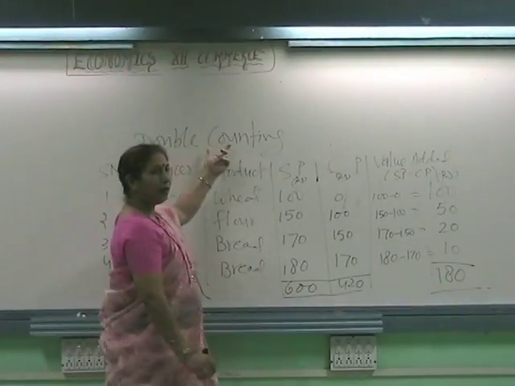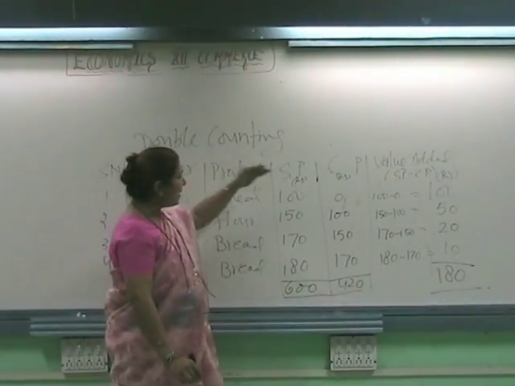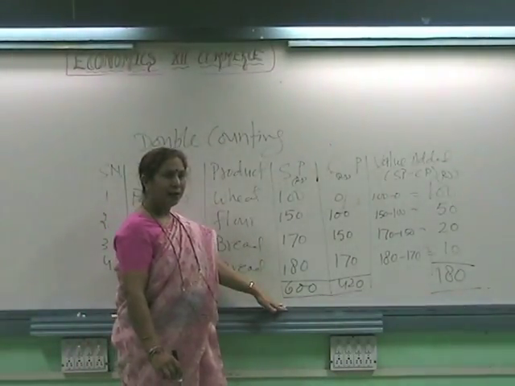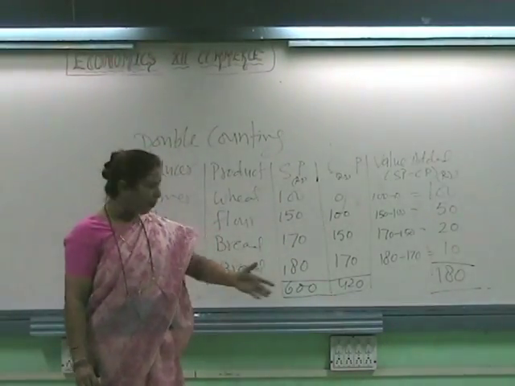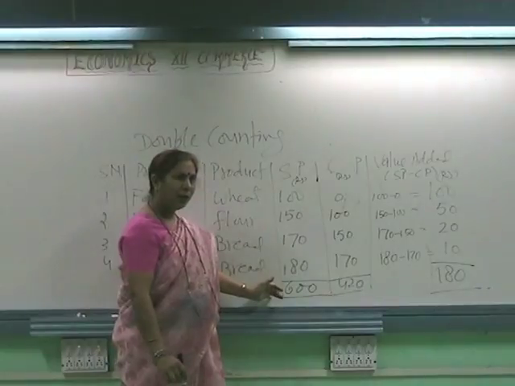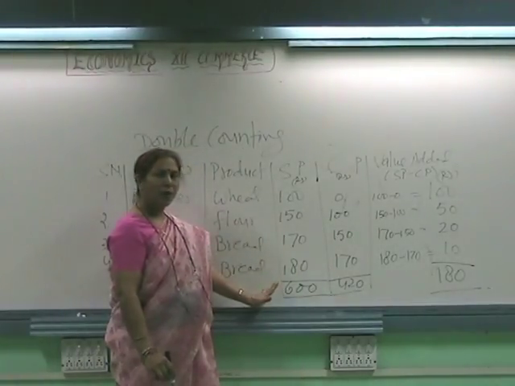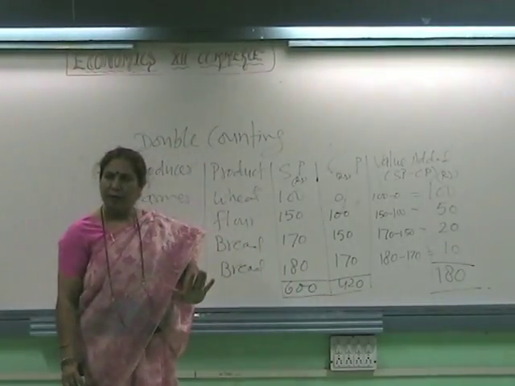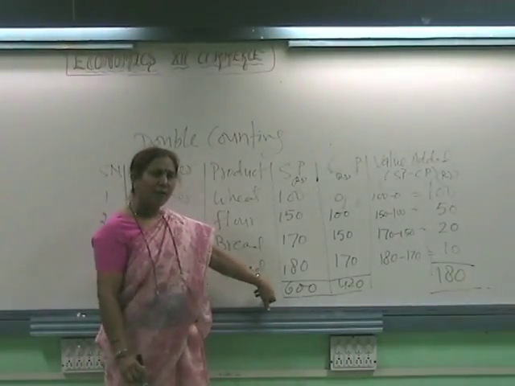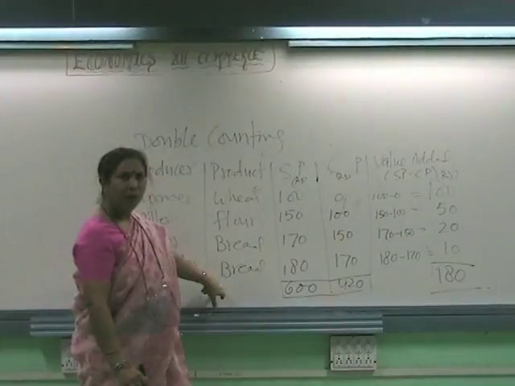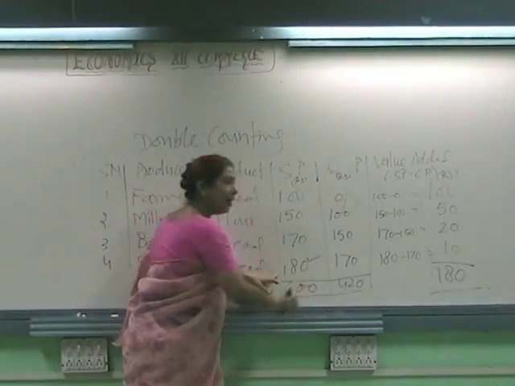Double counting. Now if you add the selling prices, what is the national income? Money value of final goods. Suppose you take this as the final good, according to this example, what will be the value of the final product? 600. But actually the final product is only bread. What is the price of bread? 180.